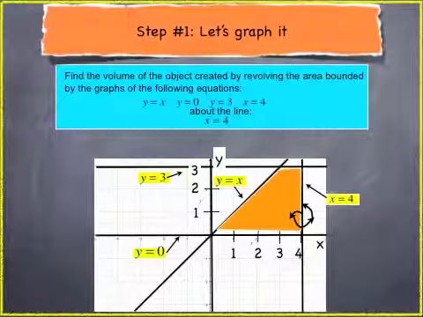If you imagine taking this orange region and revolving it around that vertical line, we call that a vertical axis of revolution. We're going to create a volume, and your job is to calculate what that volume is.